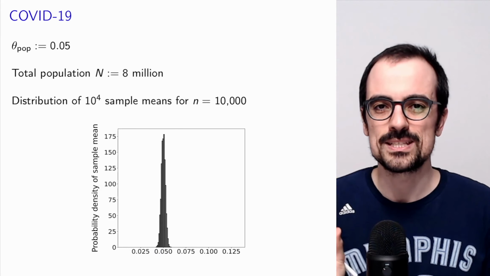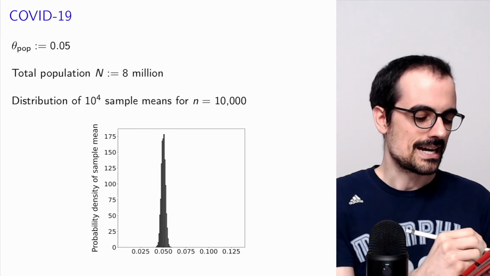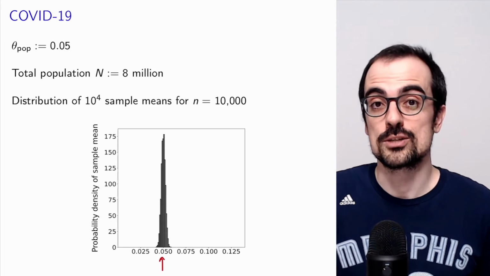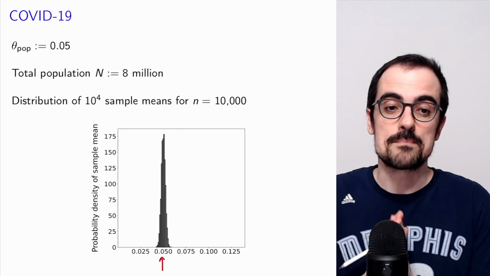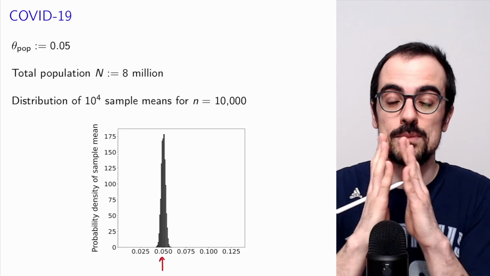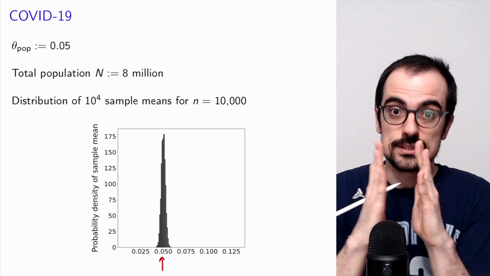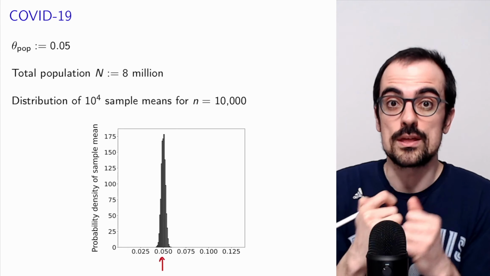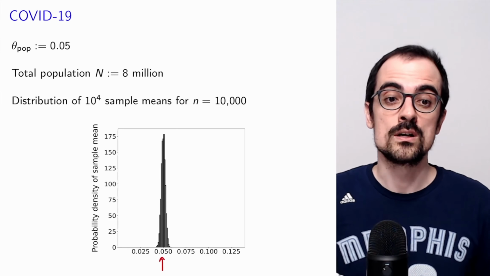We obtain an estimator that is centered at the population proportion, which is what we expect because it's unbiased, and we see that the standard error, the standard deviation of these sample proportions, converges to 0 with a rate that is exactly what we expect, 1 over square root of n.